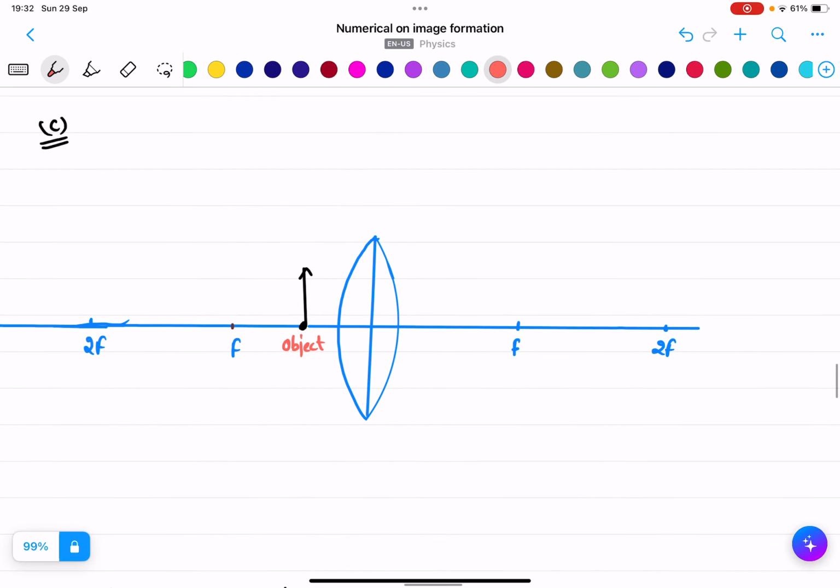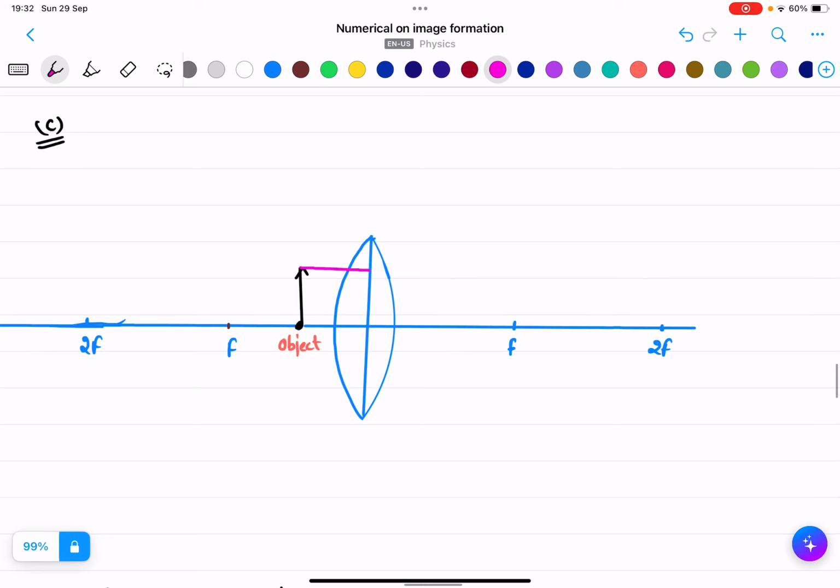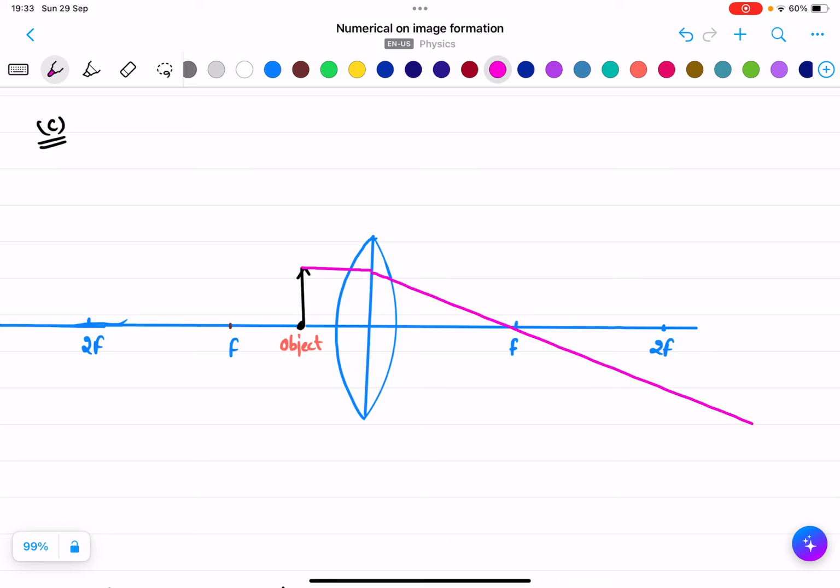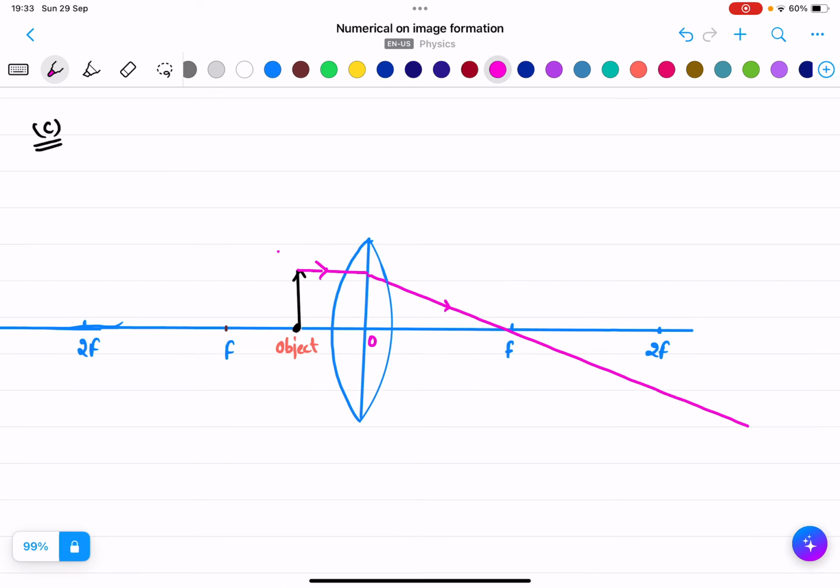Now it is the C part. So the first rule. What is the first rule? A ray parallel to the principal axis will pass through the focus. This is your first rule. Second rule: this is your optical center, and any ray passing through the optical center will pass as it is, like this.